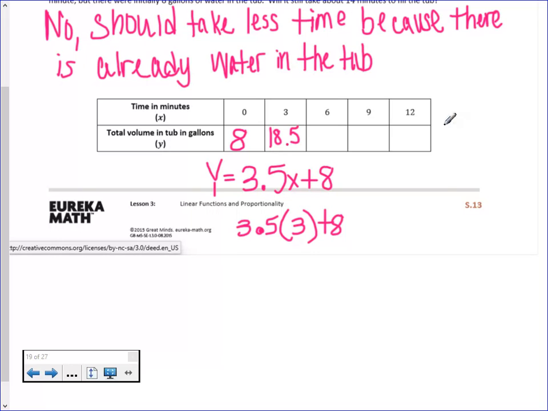Okay, what should I get for 6 minutes? 29 gallons in 6 minutes. What about 9? 12. Okay, so apparently in this situation it actually only takes 12 minutes, not 14 minutes to fill up the bathtub.